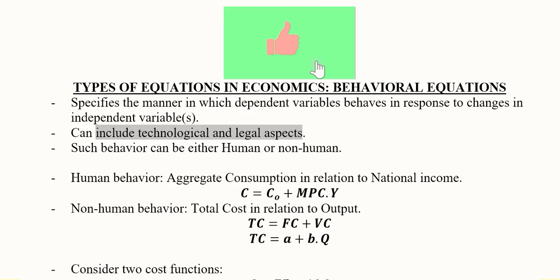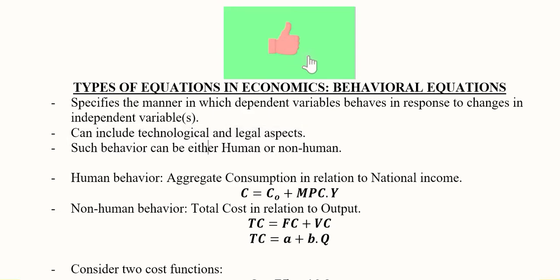For example, technological change can increase the value of the production, so it is defining the behavior of the dependent variable, that is production. And some sort of legislation that discourages production will also affect the behavior of the dependent variable.